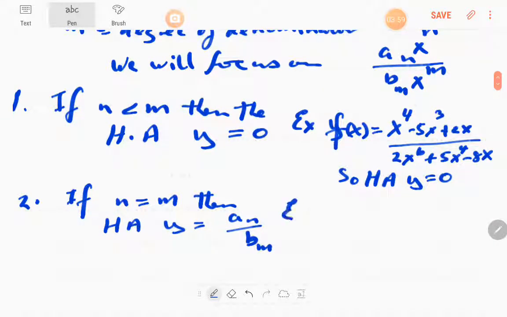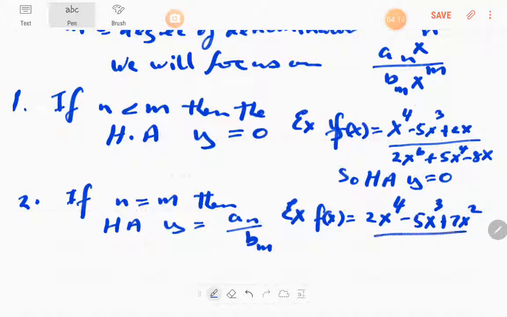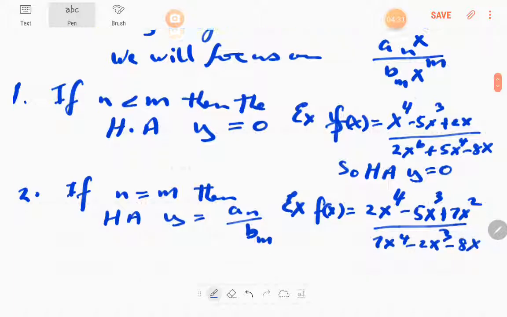For example, let's say we have f(x) equal to 2x to the 4th minus 5x to the third plus 7x squared divided by 7x to the 4th minus 2x to the third minus 8x.